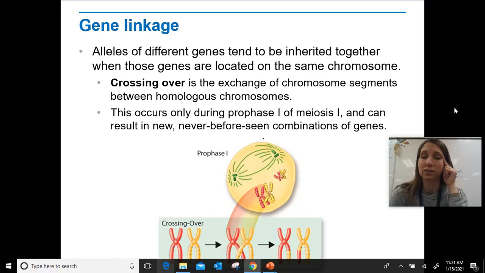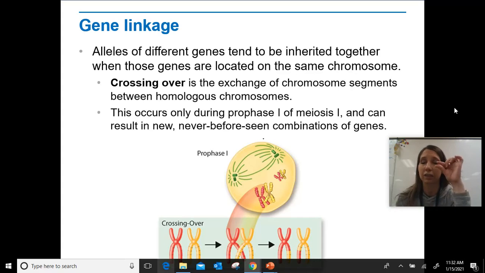Okay, so this leads us into this conversation about what we call gene linkage. Genes that we have that are tending to be very close together on a chromosome tend to always stick together. And the reason for that is that it becomes very unlikely that we actually cross over right in between them. All right, and what that means is that if we've got genes and we have thousands of these genes in our bodies, but per chromosome, we could have hundreds of genes just on one chromosome.